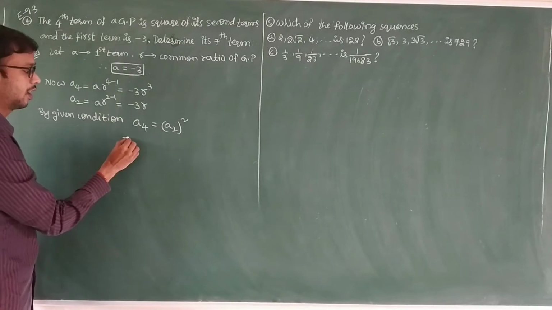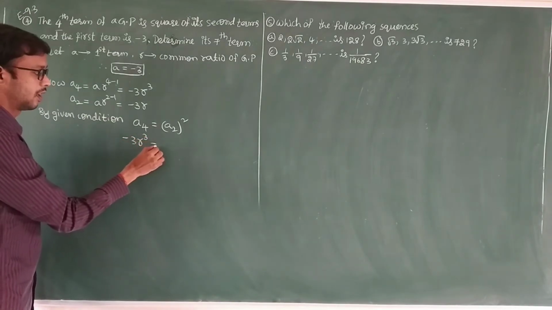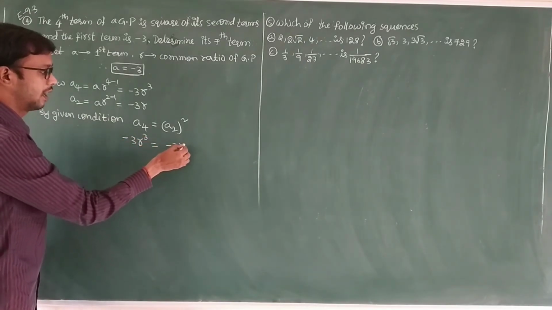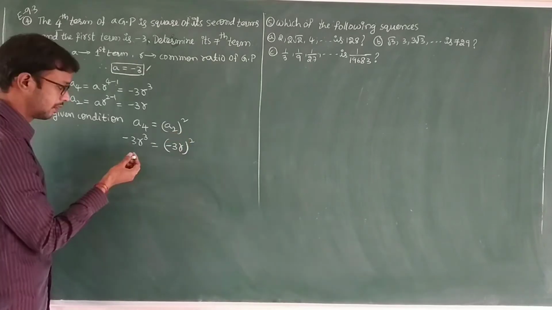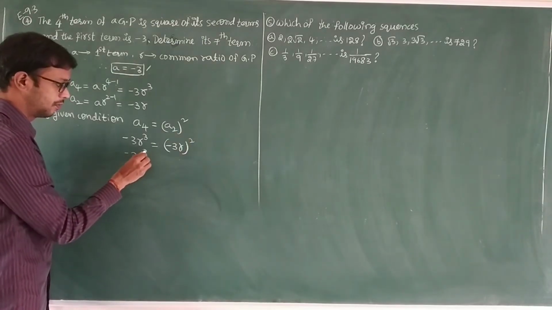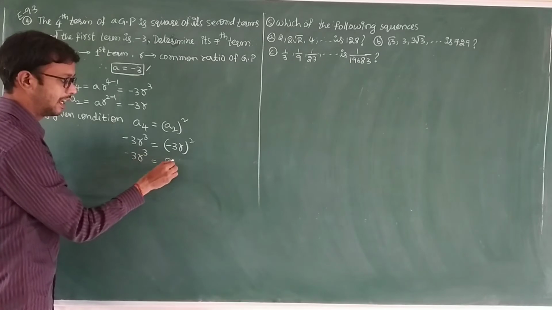So substitute here: -3r cube is equal to (-3r) whole square. -3r cube is equal to 9r square.